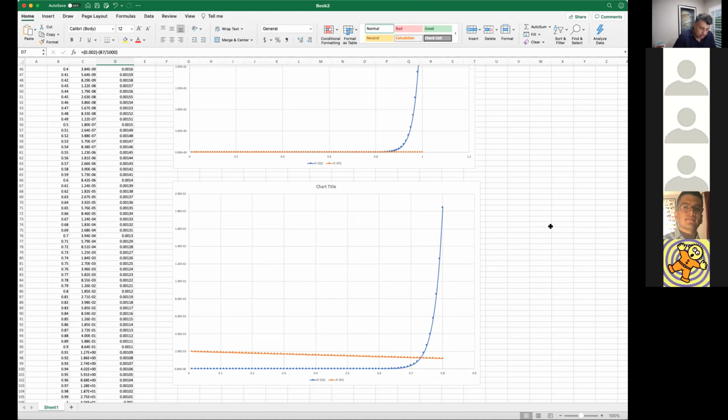I just know this plug and chug or the graphical model. The popular ones I've seen in circuit design are this iterative numerical procedure that you see in the homework, or this graphical procedure called load line analysis.